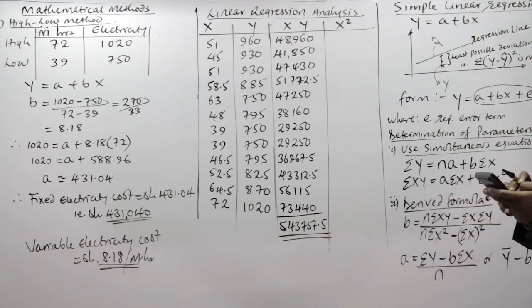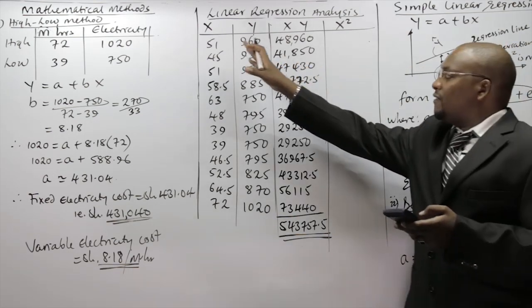Then, that being my values of xy, to get the values of x squared, I just need to square these values.